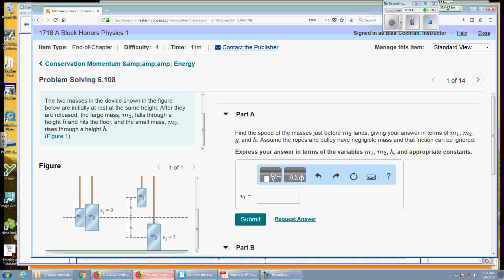And then afterwards, they're both going to be moving, right? Now, if they're connected by a rope, and the rope doesn't go slack, what can we assume about their motion?